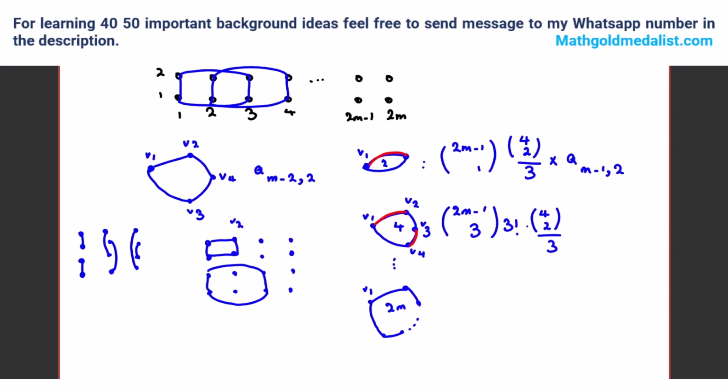And for example, v1, v2, v3, v4. We consider, for example, one of them, this one as red, this one as blue. Then we say, okay, v1 is related to v2 with red, v1 is related to v4 with blue.